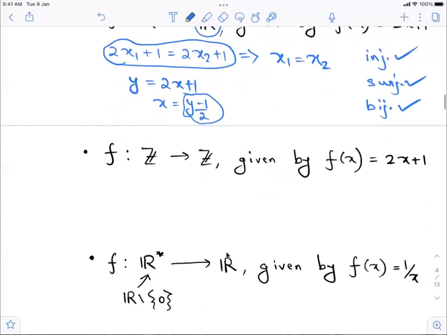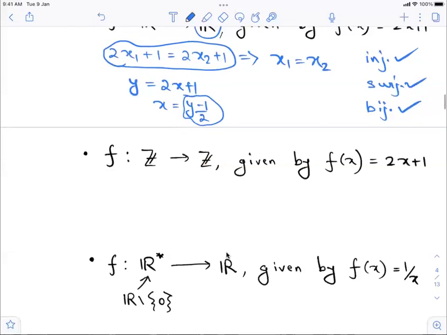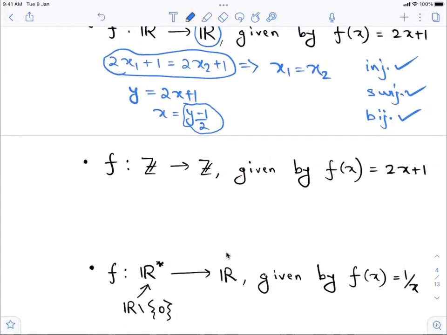The same function f(x) equals 2x plus 1, I've just changed the domain and the codomain slightly. So now the function is going from Z to Z. How about injectivity, surjectivity, and bijectivity? Once again, this is something you should check on your own, pretty easy. Injectivity is not going to change, as it's clear from the previous part.